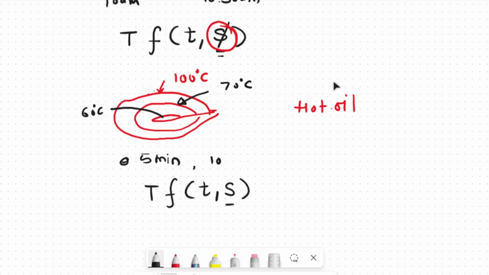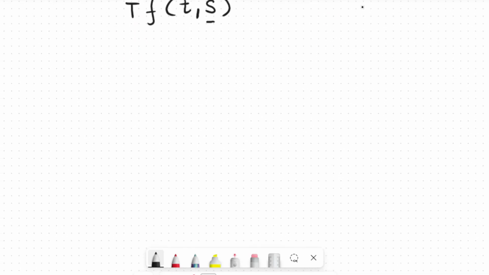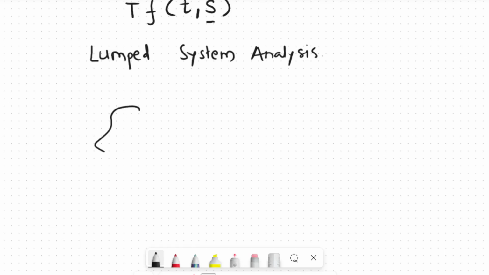Let us go to the derivation of lumped system analysis. So this is called lumped system analysis. Okay, so let us assume a solid body of any shape, which has m as the mass of the body, V as the volume of the body.